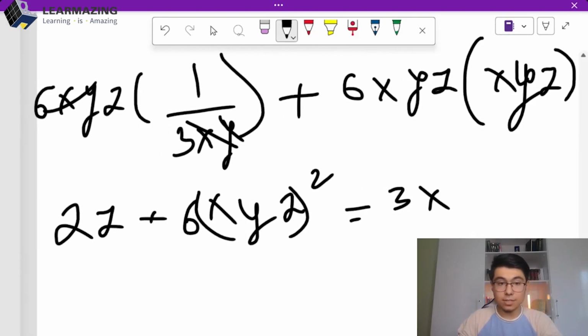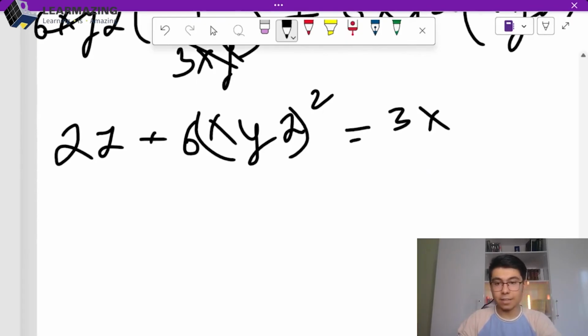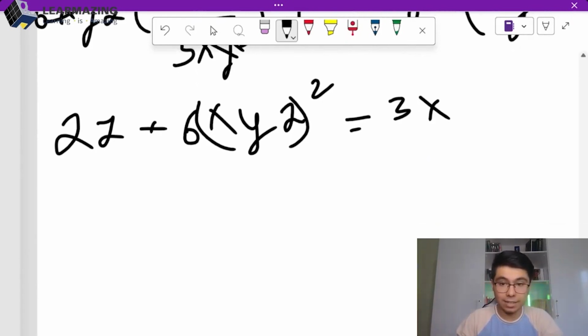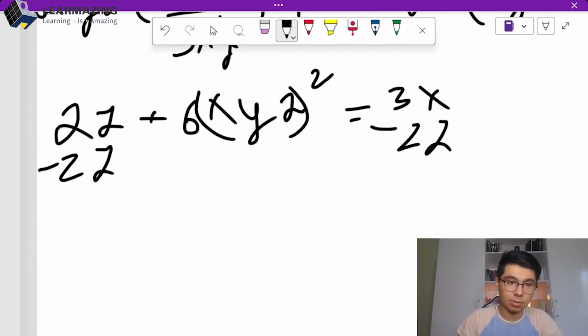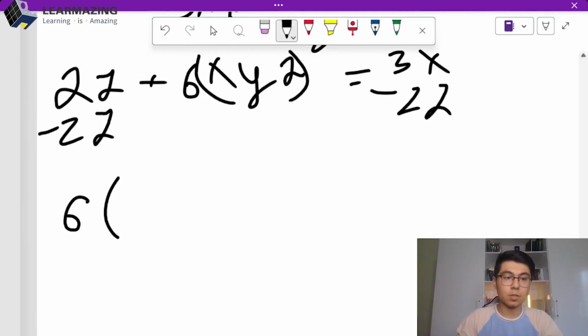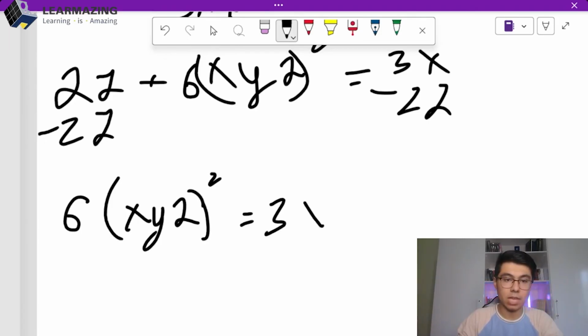So now we can solve for y, and before solving for y, let's subtract 2z from both sides. So that will be 6 multiplied by x, y, z squared, and that's going to equal 3x minus 2z.